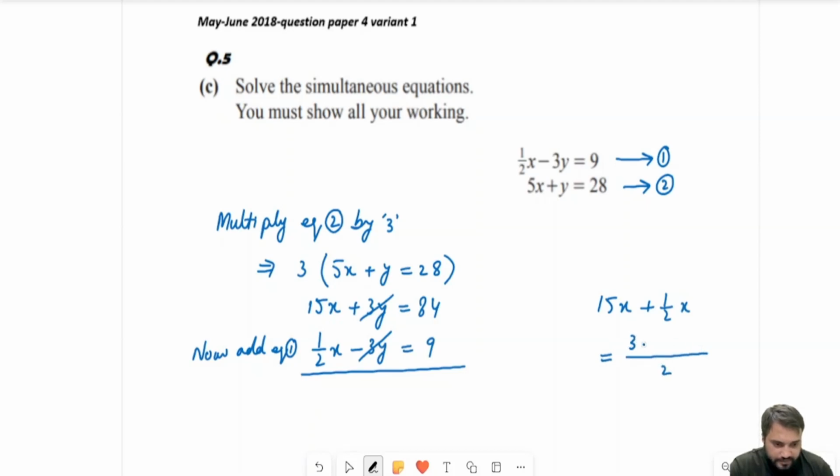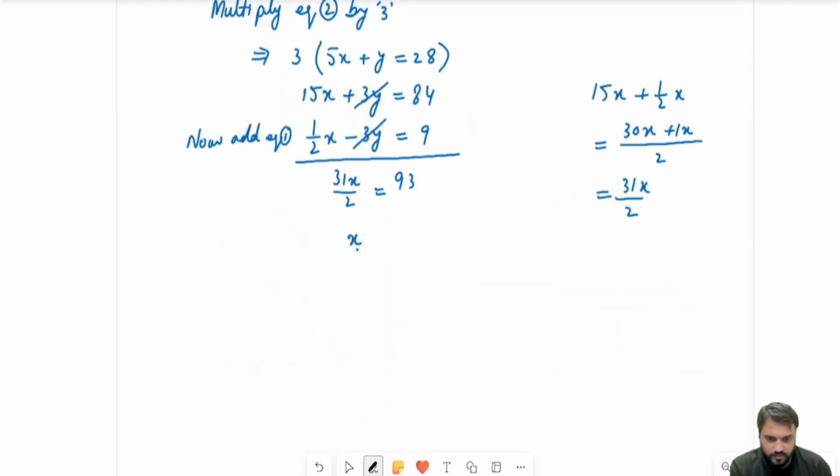It will be 30x plus 1x. The answer is 31x over 2. 31x over 2 is equal to 84 plus 9, that is 93. So 31x is equal to 93 multiplied by 2. It will be 186.